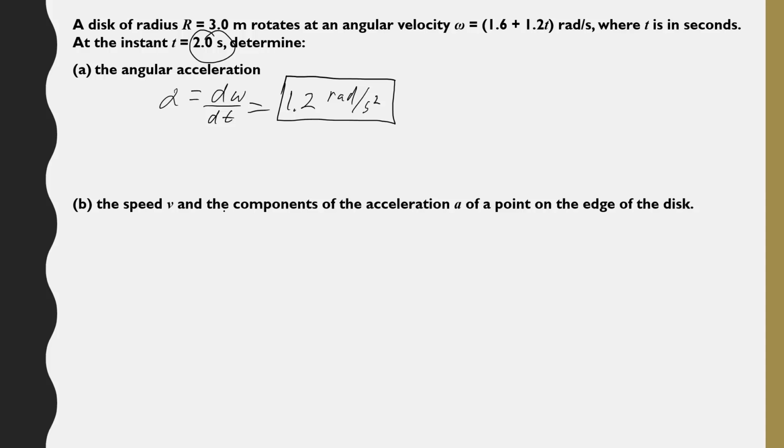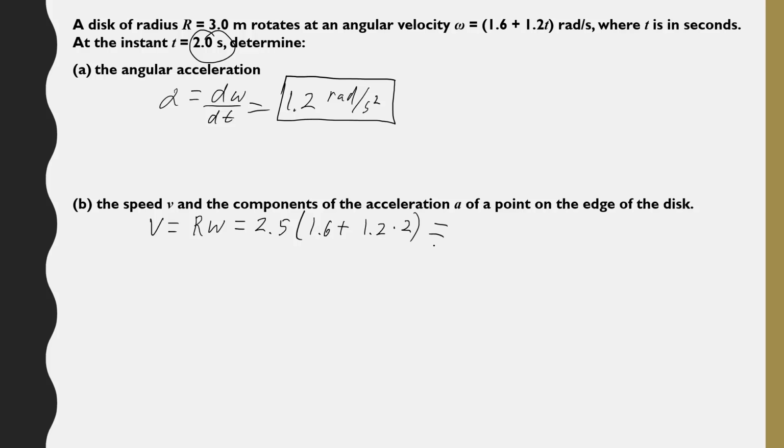Now we want to find the speed and the components of the acceleration, so that means the tangential and the centripetal parts of our acceleration. Starting out, we'll find speed v, which was r omega. Here is where the 2 seconds is going to come into play because omega is changing with time. So that's 2.5 times 1.6 plus 1.2 times 2.